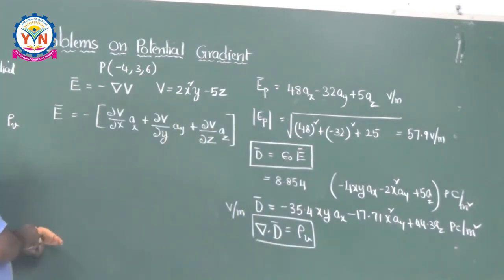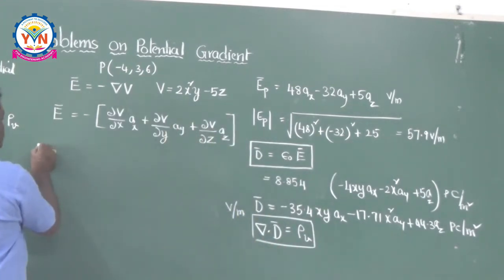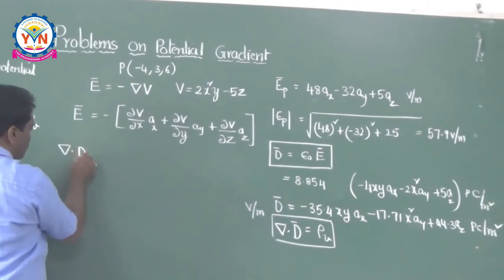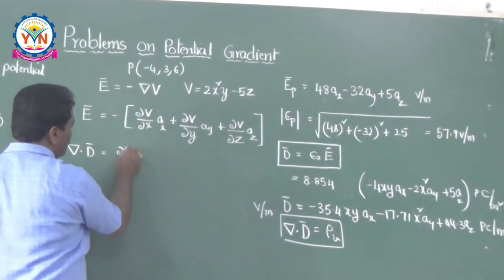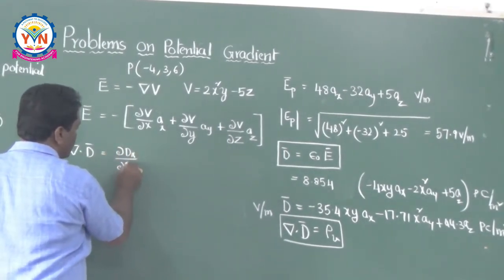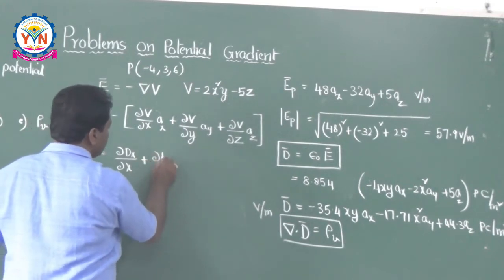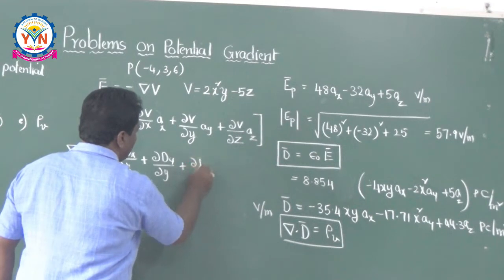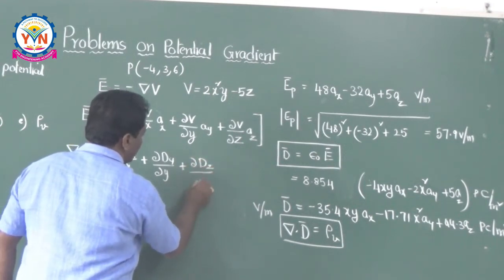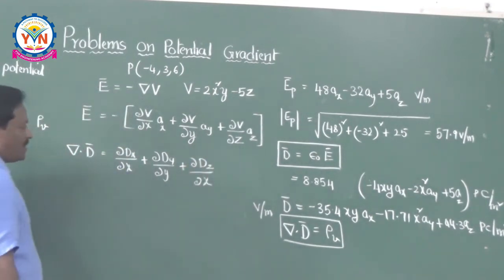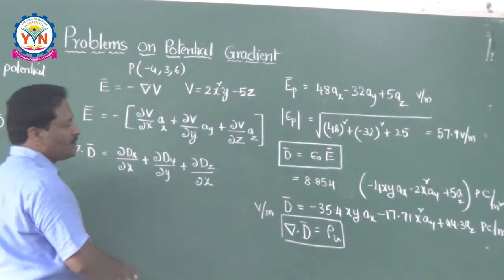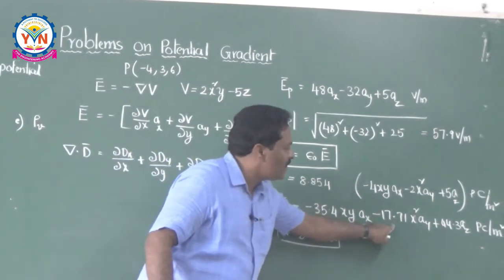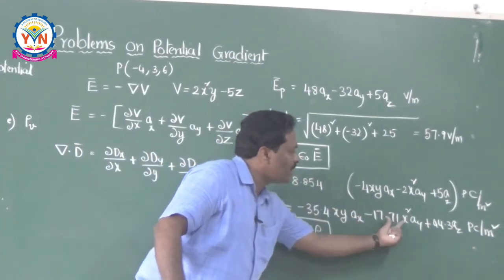Del dot D bar is equal to, in the Cartesian coordinate system, dou Dx by dou x plus dou Dy by dou y plus dou Dz by dou z. This is nothing but the formula for the divergence. Here the AY and AZ components are constants only.